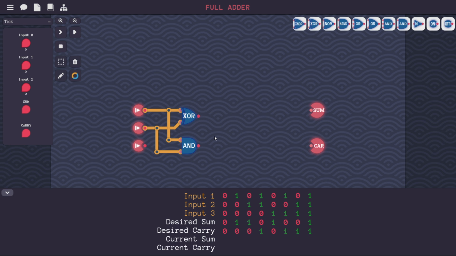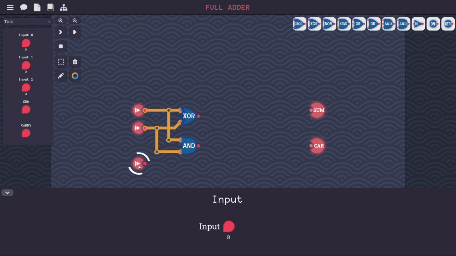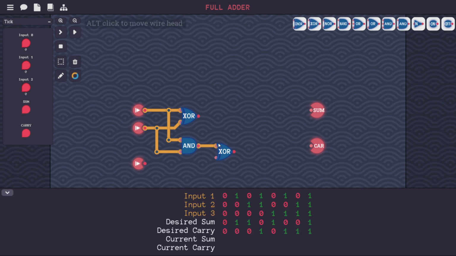But now we also have another bit, so we'd probably add again using an XOR, and maybe another AND gate.